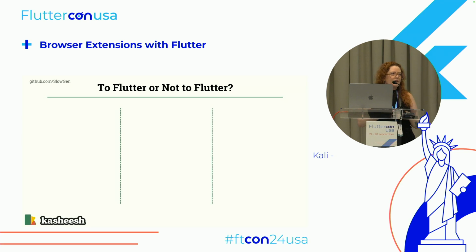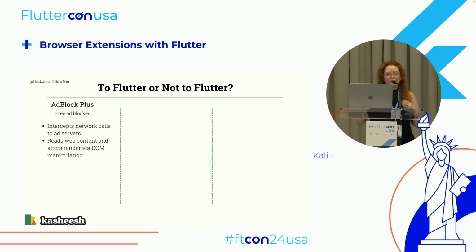So one thing when you're thinking about whether to build an extension in Flutter, there's a lot to consider. And the biggest thing is what your product is actually doing. So with AdBlock Plus, behind the scenes, what it's doing is it's intercepting network calls so that the website that you're loading never actually reaches out to that ad server, and then no ad is displayed.